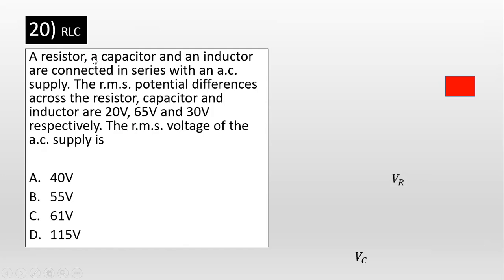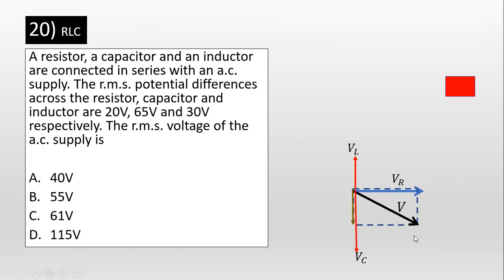Resistor, capacitor, and inductor are connected in series with an AC supply. The root mean square potential differences across the resistor, capacitor, and inductor are 20, 65, 30 respectively. Find the root mean square voltage of the supply. If you want, you can draw. There's your VR, your phasor diagram. There's your VL. There's your VC.